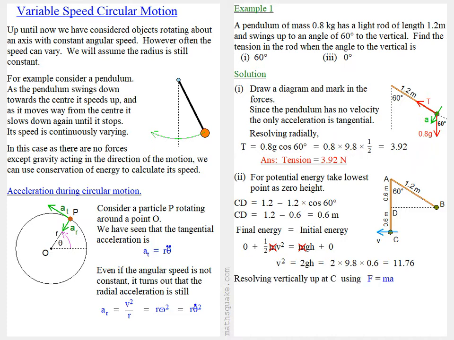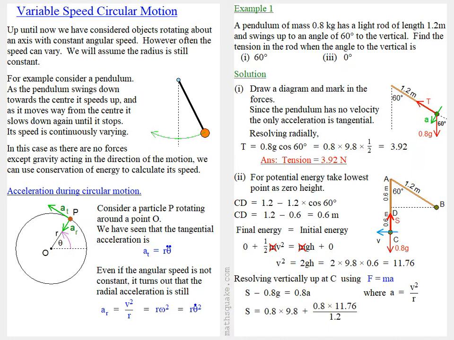Now if we resolve vertically up at C using F equals ma, then we have a weight of 0.8g downwards, and we have a tension which we can call S going up. So that gives us S minus 0.8g is equal to 0.8a, where a is v squared over r.